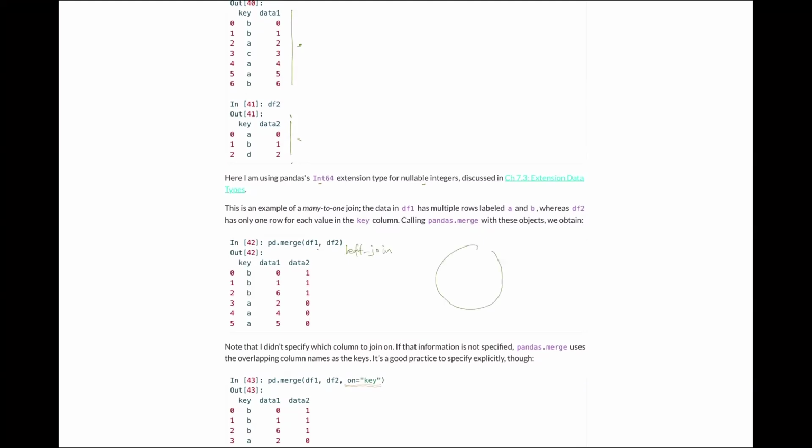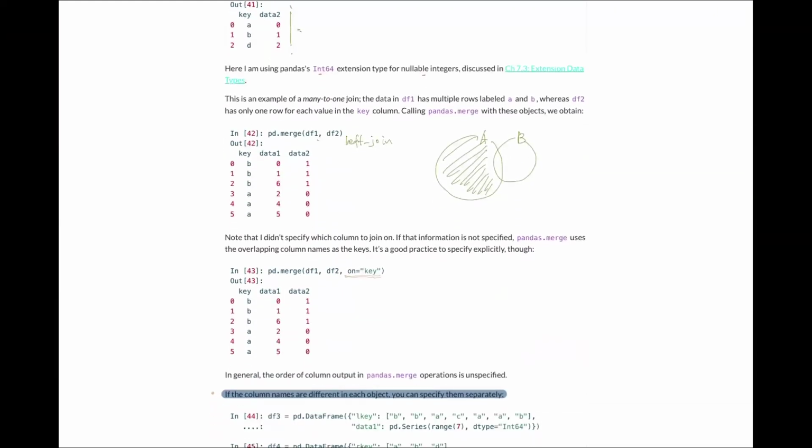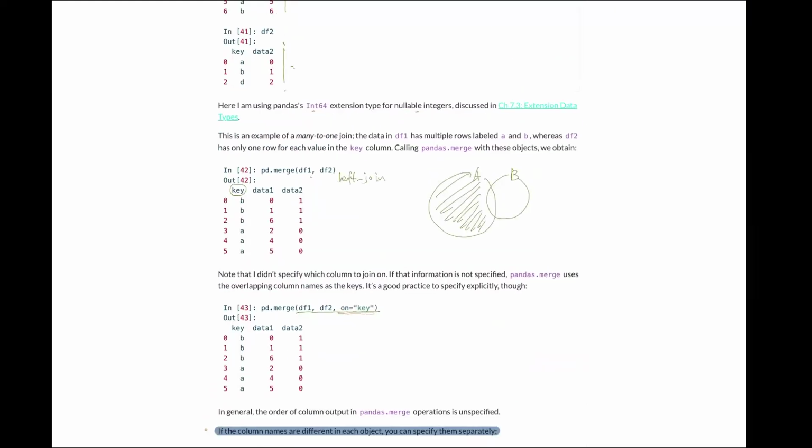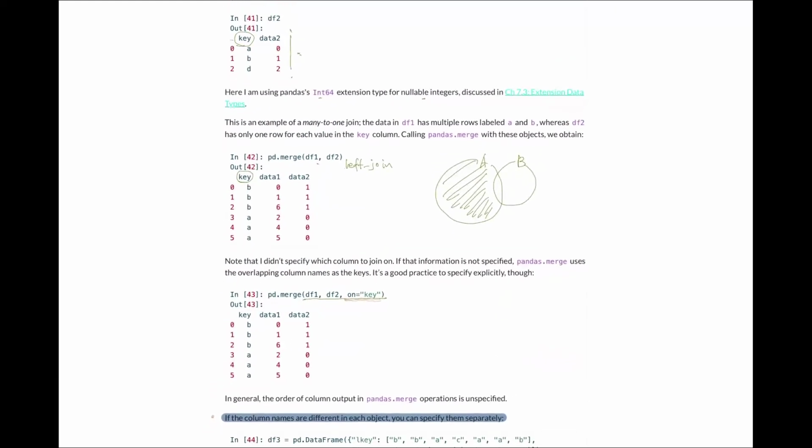Left join means if we have an A value and a B value, left join keeps this value only. And then next, we can also merge the two data sets if they have the same key on the data frame like these two, using the merge method and also another argument, which is the key. Right? So that's how merge works.